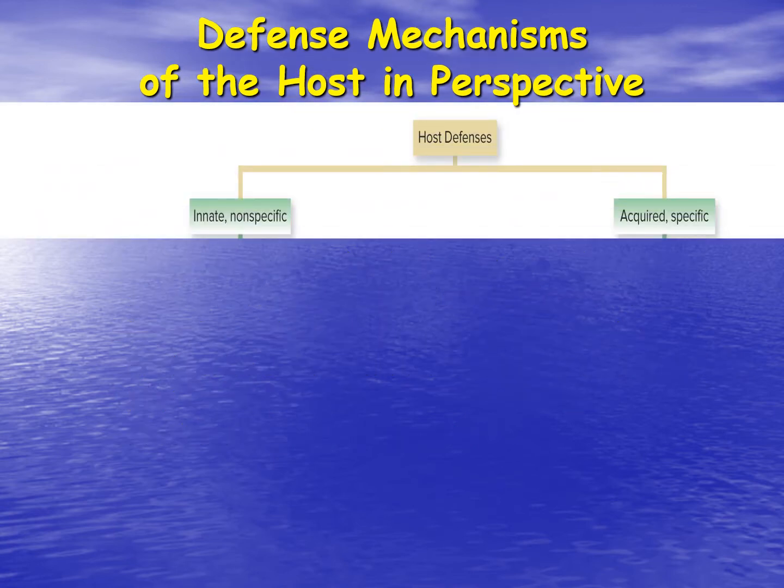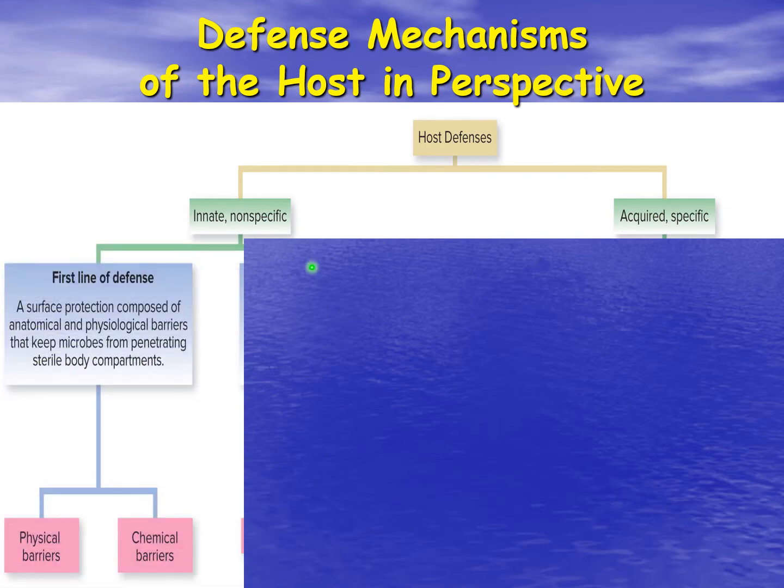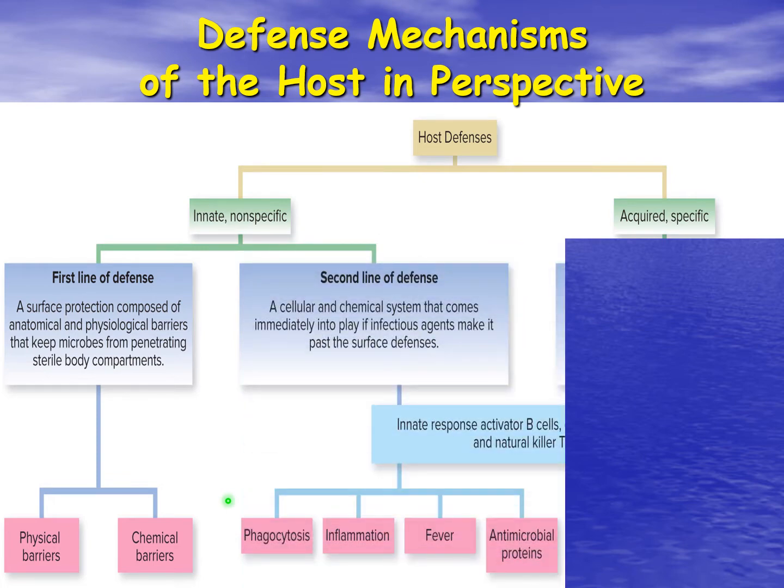So we can actually again divide our host defenses into the innate and nonspecific and the acquired or adaptive or specific responses. Under the innate responses, our first lines of defense are those physical and biochemical barriers, especially at the portals of entry. Our second line of defense is really inflammation, but we'll talk about phagocytosis, antimicrobial proteins, and systemic fever as a part of that inflammatory process.